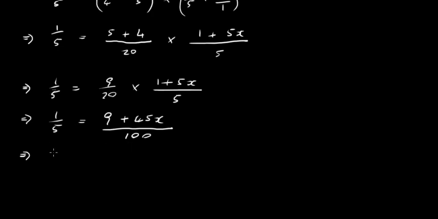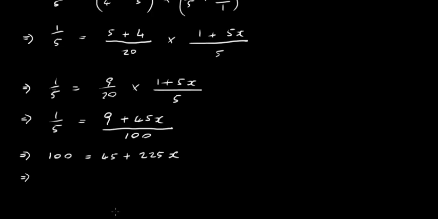Top times bottom, which is 1 times 100, which is 100, is equal to bottom times top, which is 5 times 9 plus 45x. 5 nines, 45. 5 times 45 is 225. Let me just double check that. 5 fives is 25, 5 fours is 20, yeah, 225x.